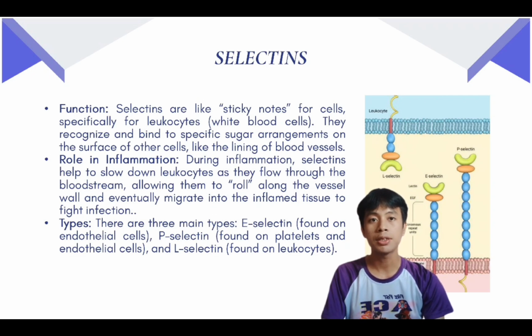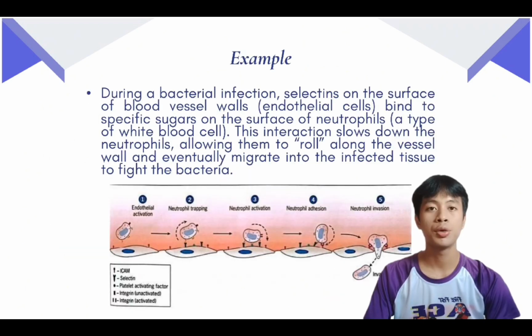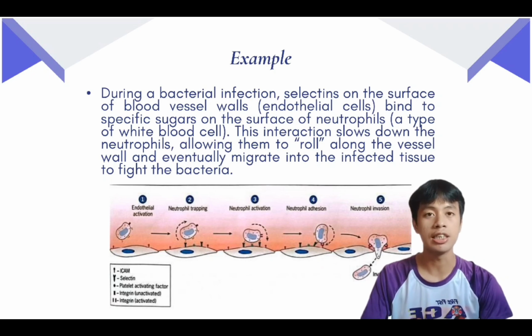There are three types of selectin: E-selectin, which can be found on endothelial cells, P-selectin, which can be found on platelets and endothelial cells, and L-selectin, which can be found on leukocytes. So we have here an example of the role of selectin.